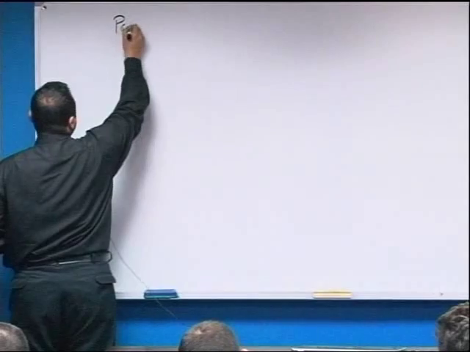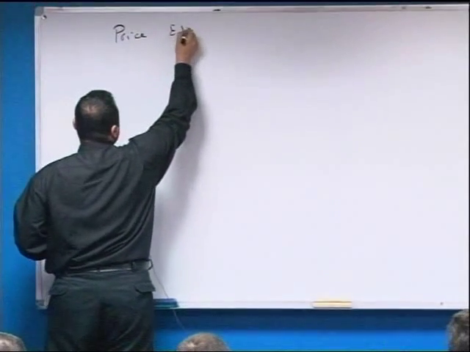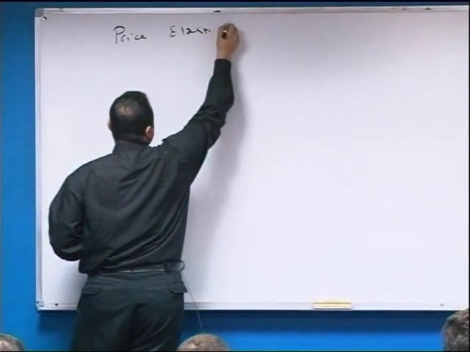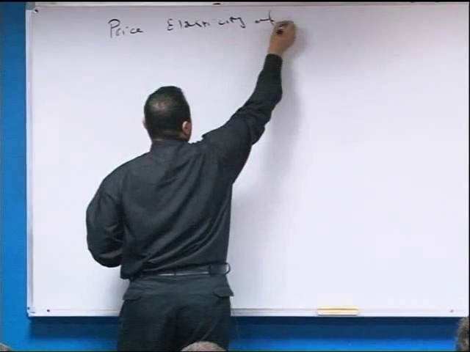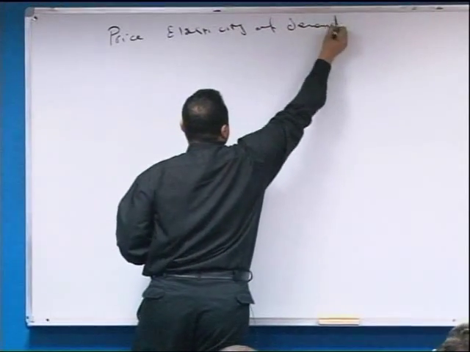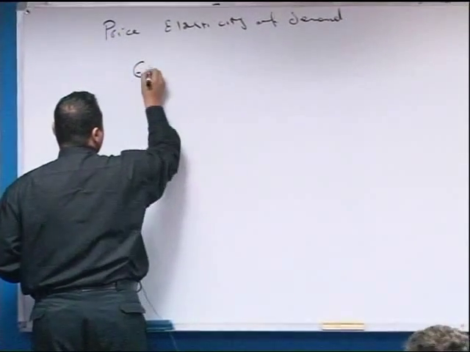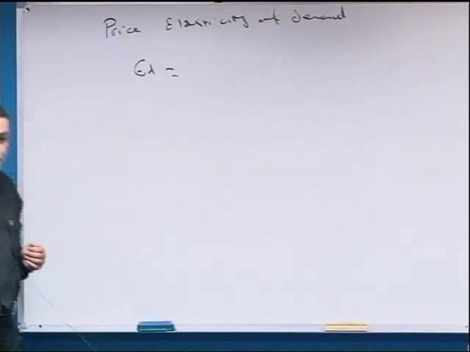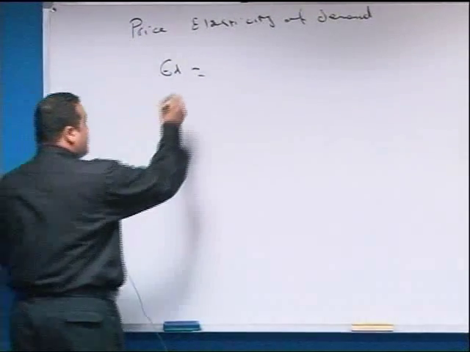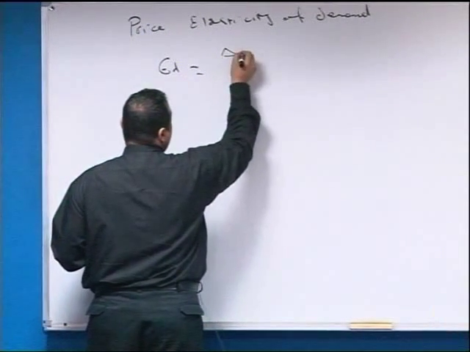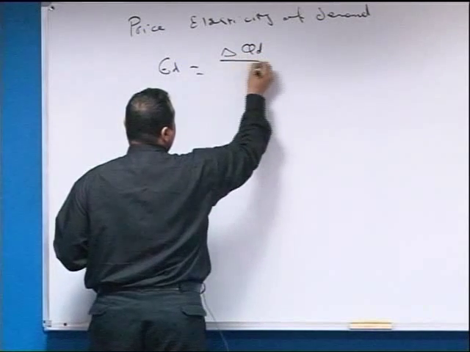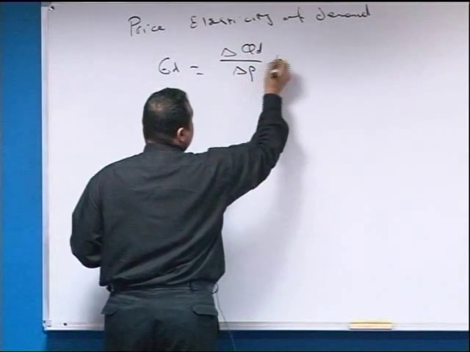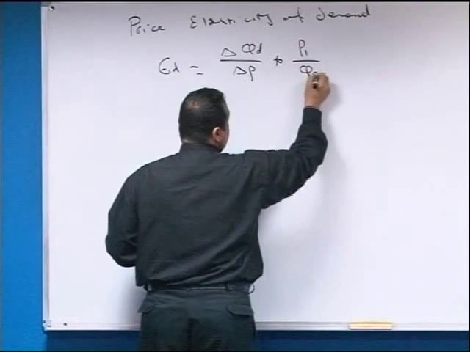As you know, the price elasticity of demand, ED, equals delta Q, the change in quantity demanded, over delta P, times P1 over QD1, right?